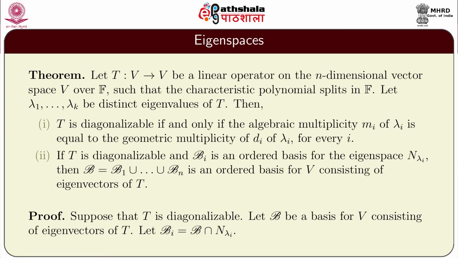Proof: suppose that T is diagonalizable. Let B be a basis for V consisting of eigenvectors of T. We intersect B with the eigenspaces E lambda i, and let us call that set B intersection E lambda i to be Bi.